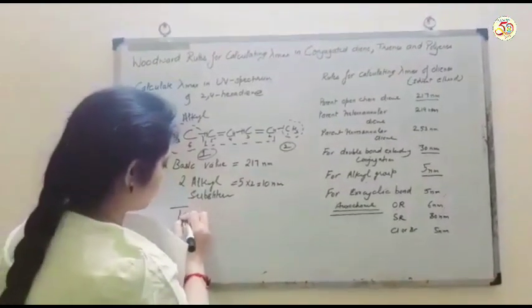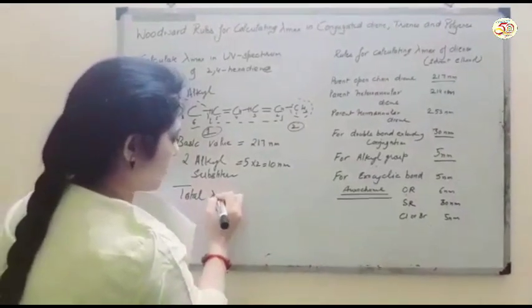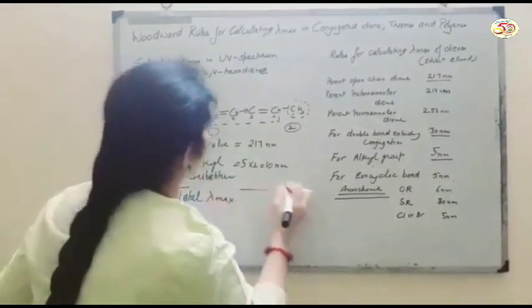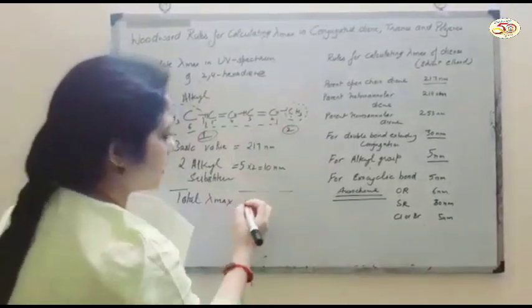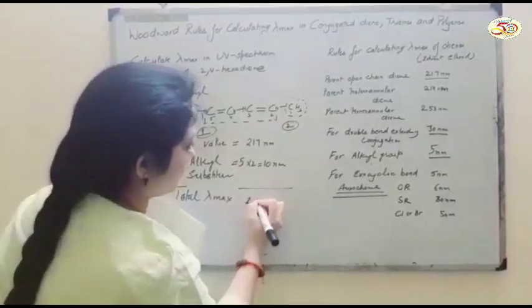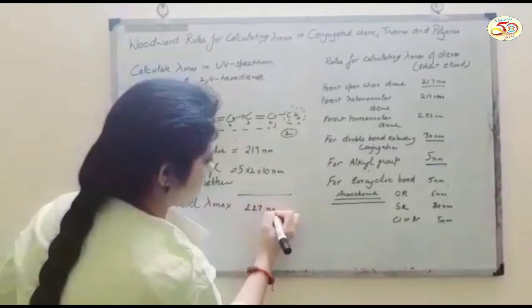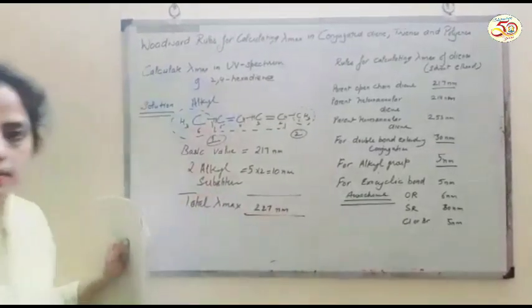So the total lambda max for 2,4 hexadiene will be 227 nanometer. That is the answer.